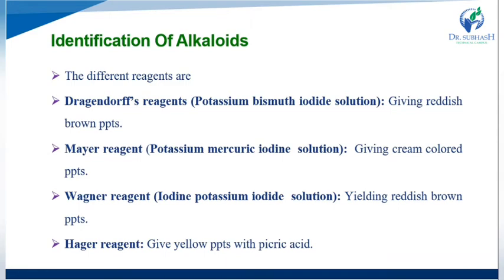Then Mayer's test, with potassium mercuric iodide solution, gives a cream colored precipitate.